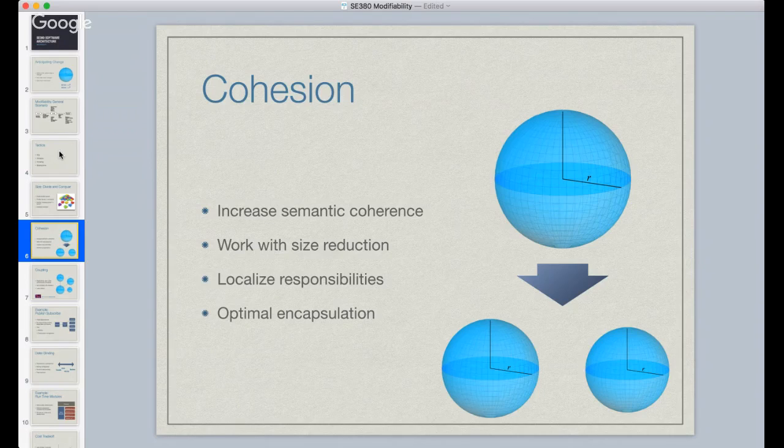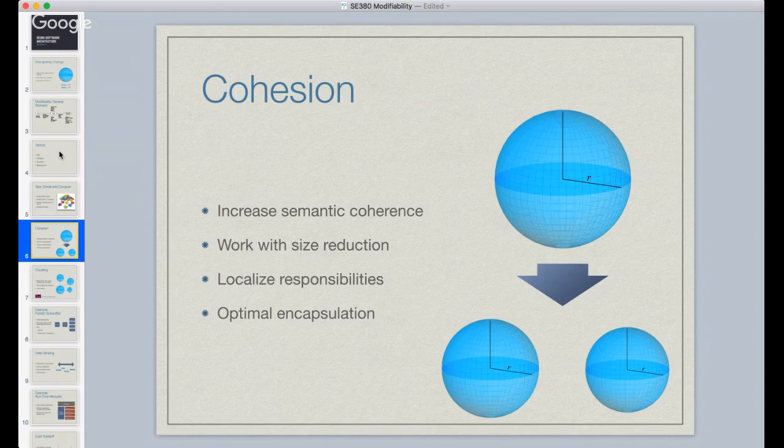In theory, that one big blob of software could accommodate all of our functions if it had infinite resources in terms of speed and responses and availability, etc. So when we think about cohesion, we're thinking about the semantic coherence of a particular module. We're saying, do the functions that exist within this and the data that's supported, are they conceptually related to each other?